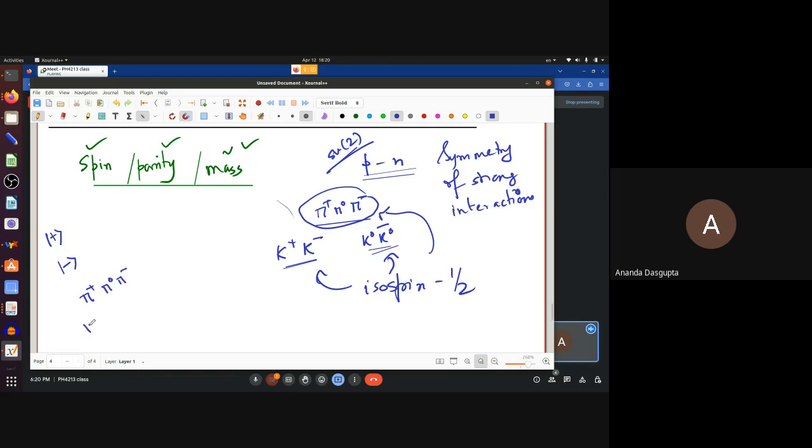When other mesons were discovered, people found that K plus and K minus, while very similar among themselves, are not exactly identical to pi plus, pi 0, pi minus. Or K0 and K0 bar: well, these are both neutral kaons, but these are antiparticles of each other, and they're distinct particles.